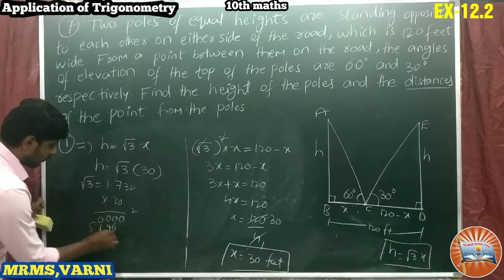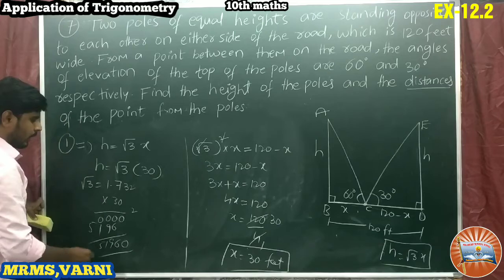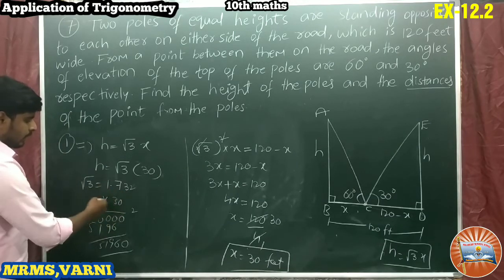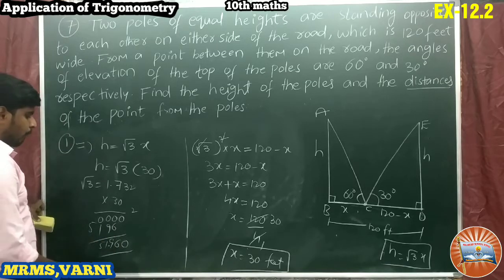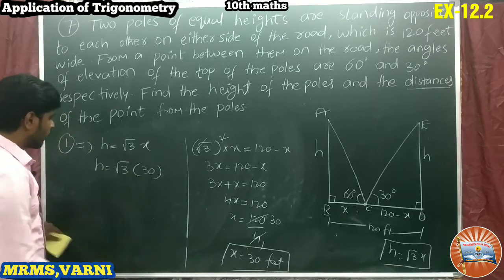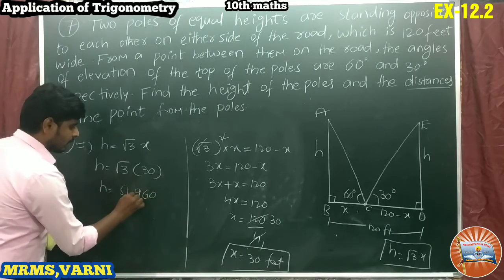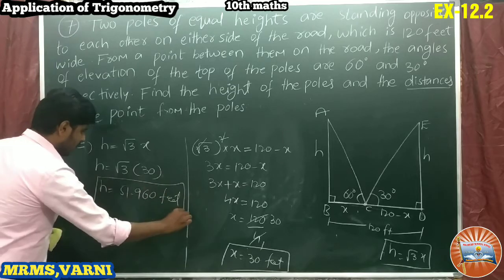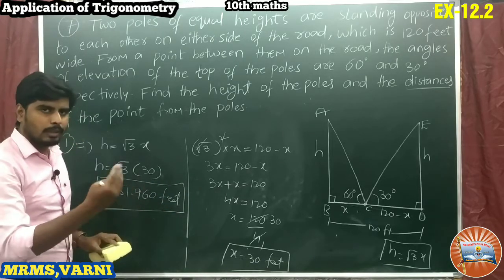So 5196. Take the point after 3 decimal places, in front of 3 digits. Yeah, 51.960, that is nothing but the H value. H we got 51.960 feet. H is nothing but the height of the poles.